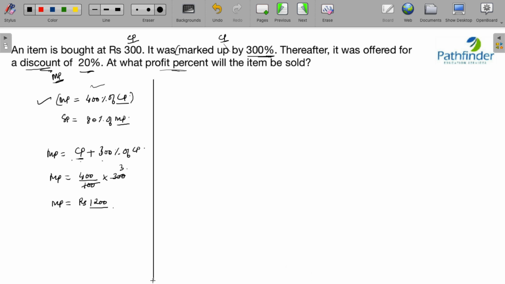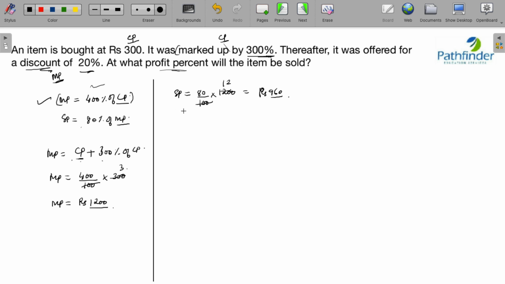Now once you get the marked price as rupees 1200, the next step is to calculate the selling price. Now we know that selling price is 80% of the marked price. So selling price is 80 by 100 into 1200. This goes 12 times. So it gives me rupees 960.